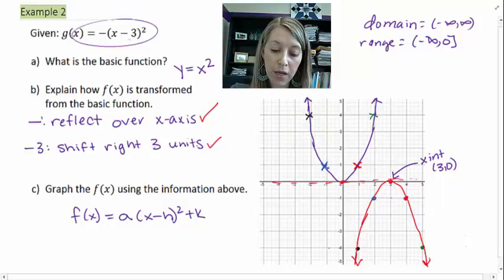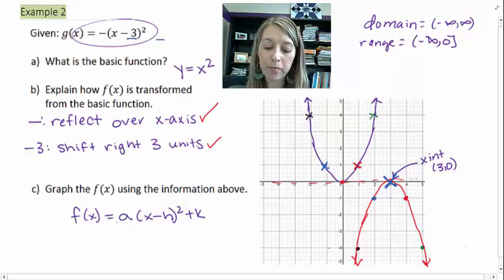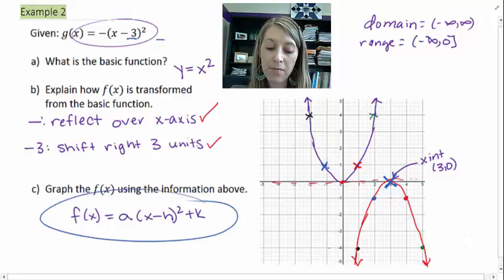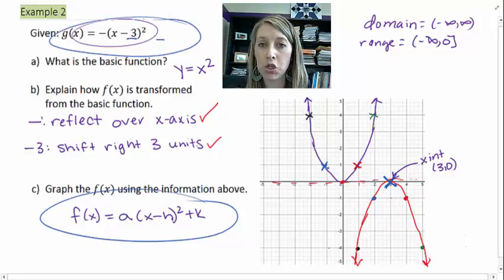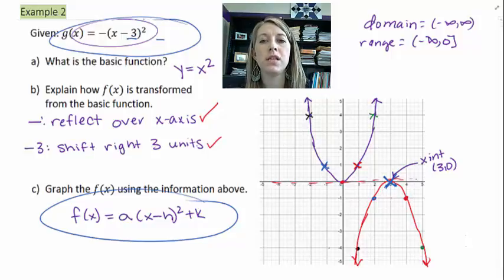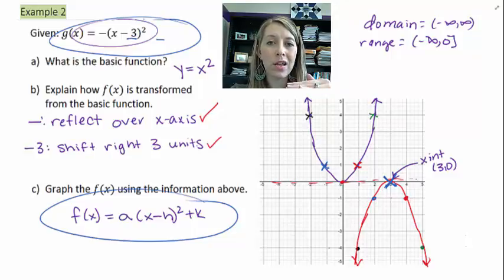Well, our vertex would be at (3, 0). If our a was positive, our parabola opened up. If our a is negative, our parabola opens down. And so this tells us the exact same thing that the transformation tells us. So we have two completely different pieces of information that give us the exact same graph. So kind of cool that our math class isn't one thing telling us one thing. We have lots of different pieces connecting the dots all across the board.